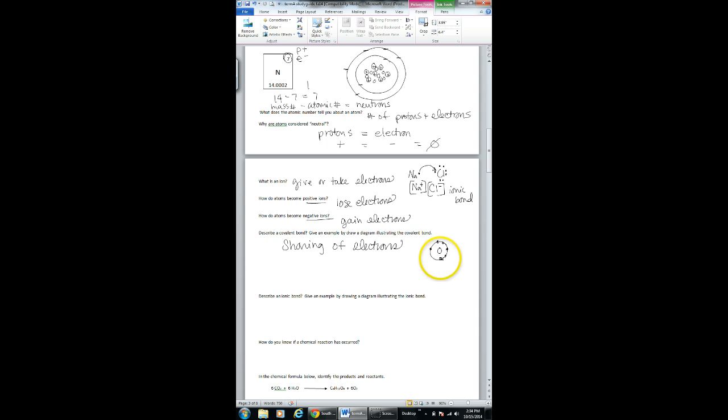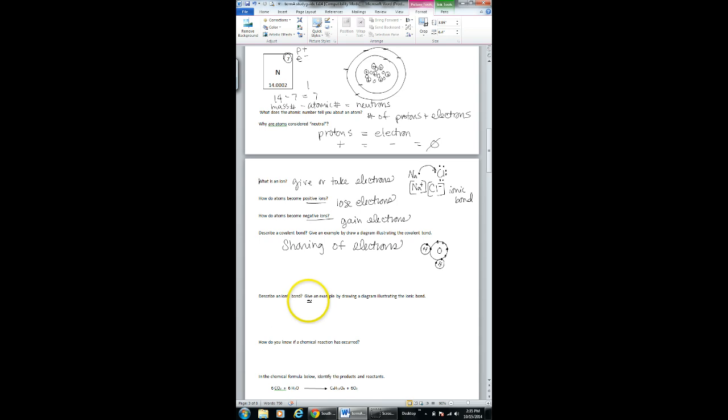Okay, and then we could have hydrogen sharing that electron right there and sharing this electron right here. And hydrogen has 1 electron, so now these electrons are not stationary, they're moving all over. So now this hydrogen has 2 orbiting around it, and this electron here is going to actually orbit around oxygen too, so they're sharing electrons.